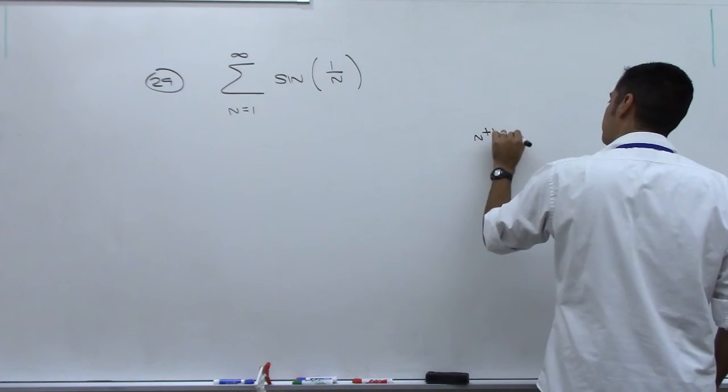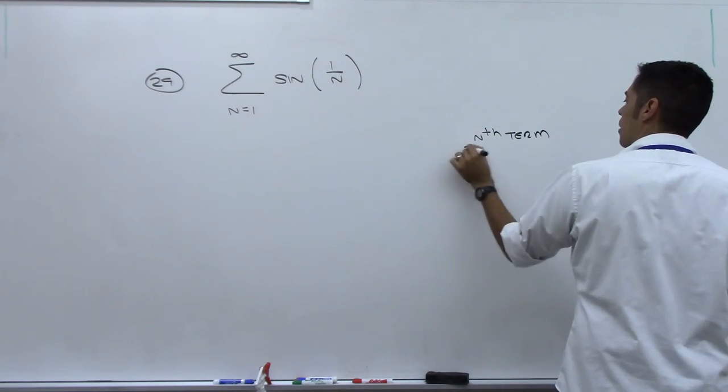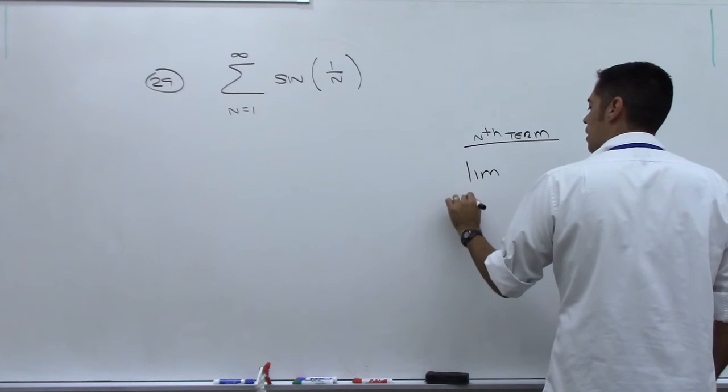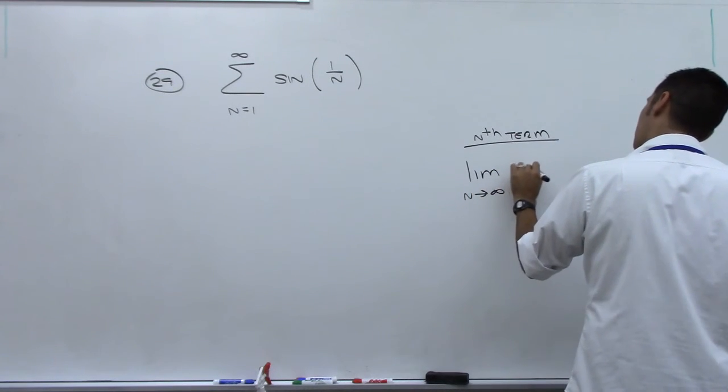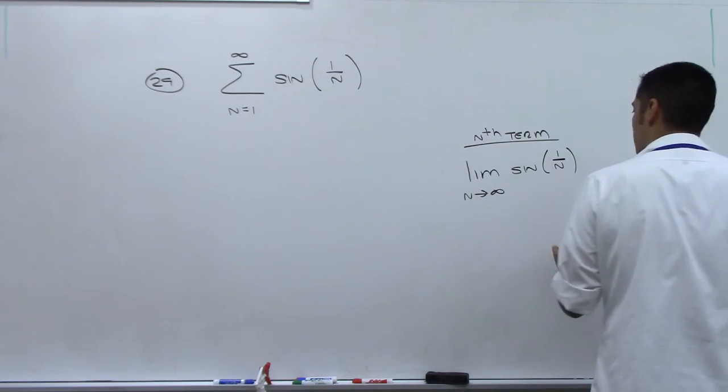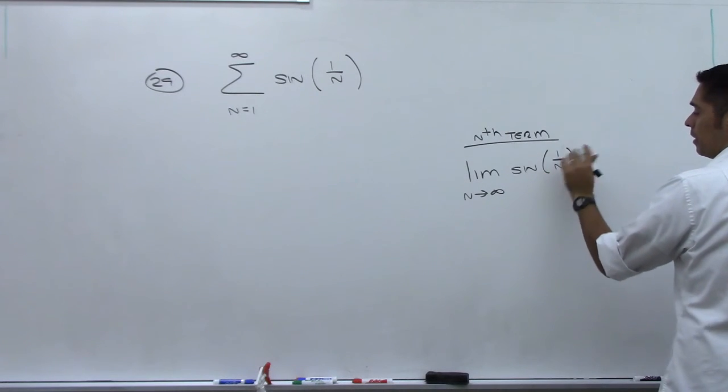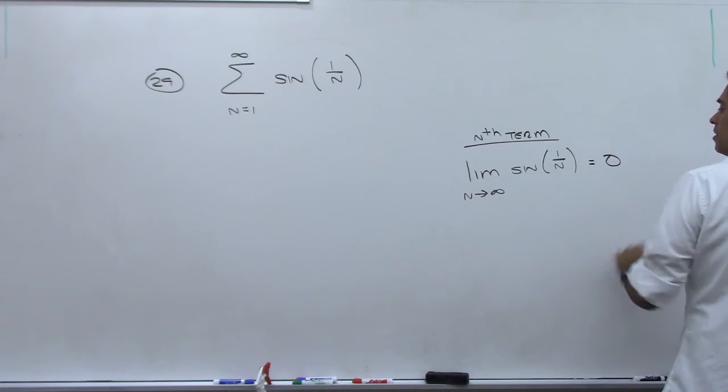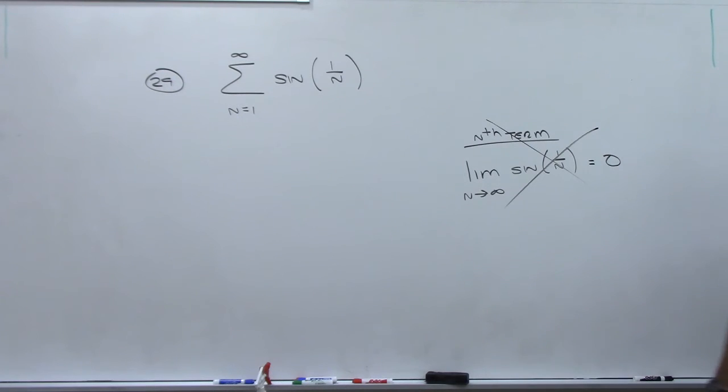What is the limit as n goes to infinity of sine of 1 over n? Well, as n goes to infinity, 1 over infinity goes to 0, sine of 0 is 0. What does that tell me? Nothing. The test failed. I was hoping that would go to something other than 0.